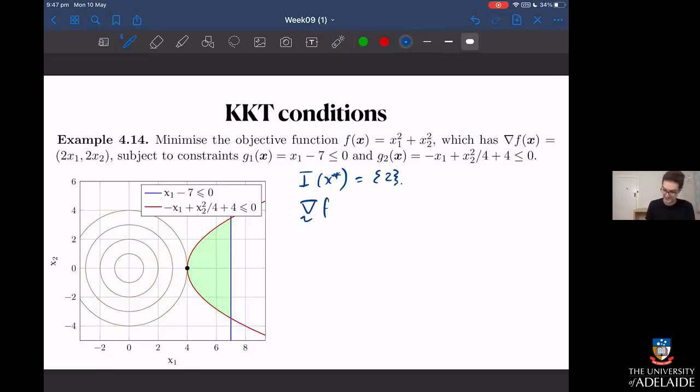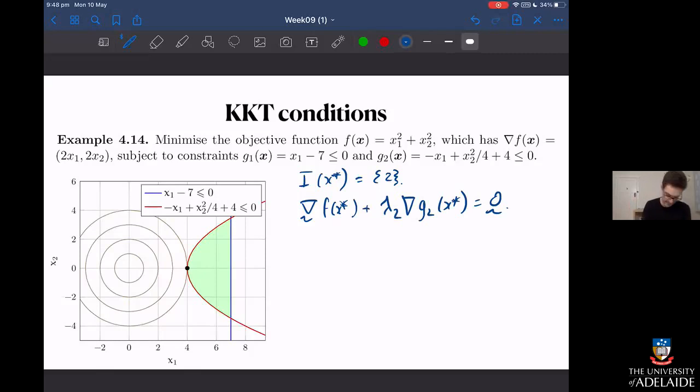They're going to say that at this minimizer, the gradient of f at x star plus lambda 2 times the gradient of G2 at x star has got to be equal to 0. So for the first constraint, the blue constraint, lambda 1 doesn't come into it. Lambda 1 is equal to 0, and so the Lagrange multiplier equation looks like that.